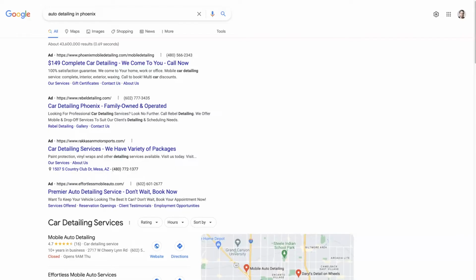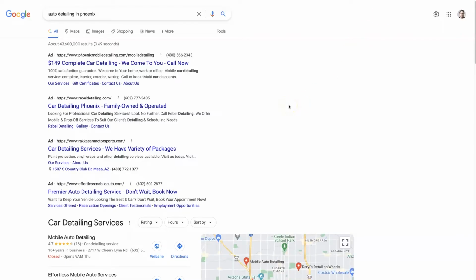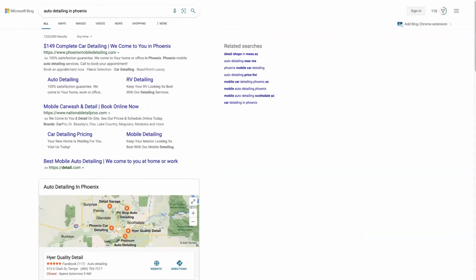So if we come on over to Google and we look for something in auto detailing in Phoenix, for example, we'll see the first three to four results are typically ads, right? If we go on over to Microsoft Bing, which is the same company, we'll see the same thing.